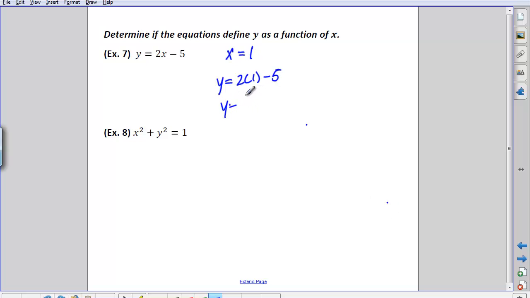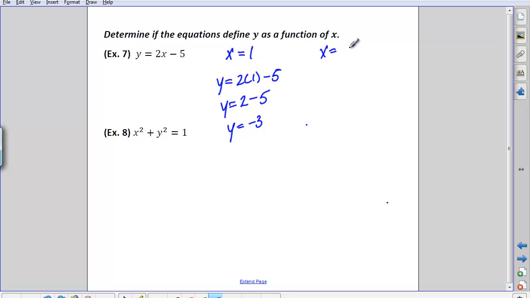So here, 2 times 1, there's only one way you can do 2 times 1. 2 times 1 is 2. And then 2 minus 5 is -3. So from this x value 1, there's really only one path to get to -3. You multiply by 2, you subtract 5, and that's it.